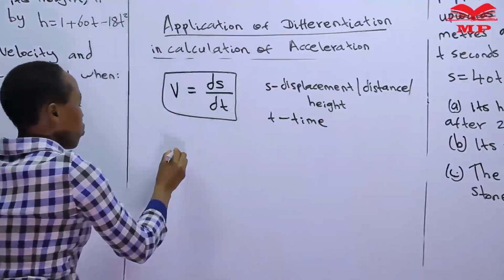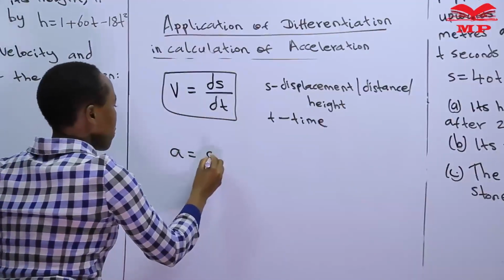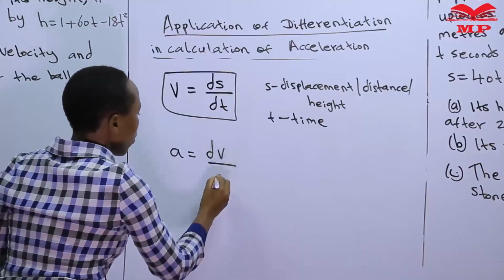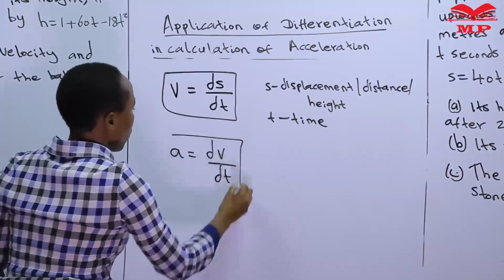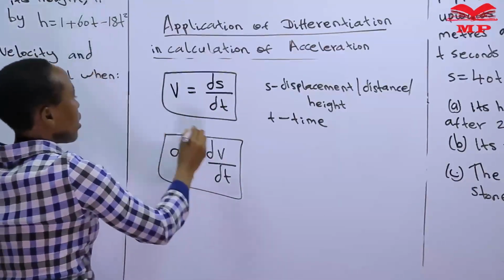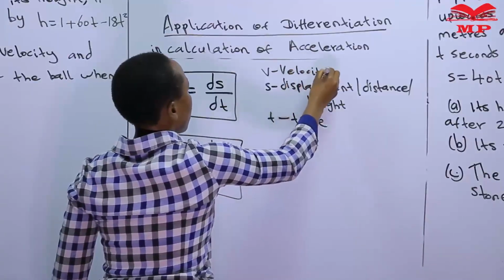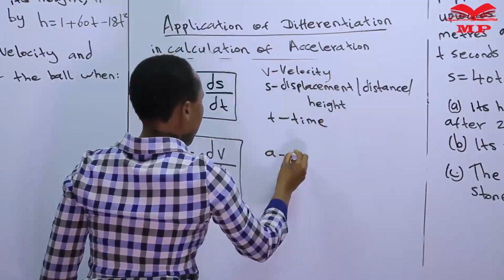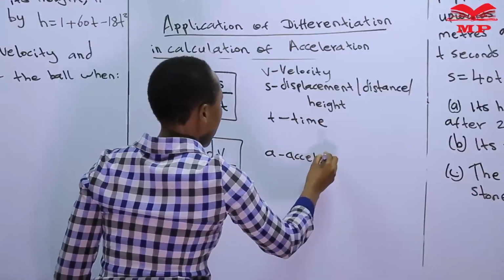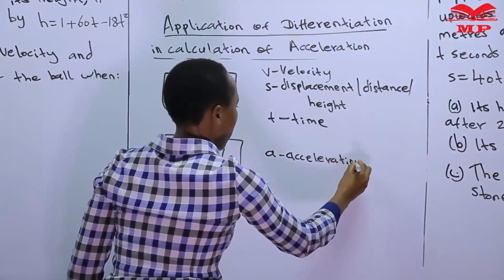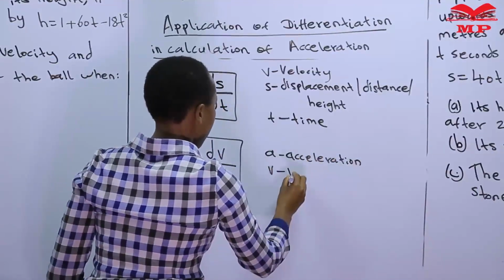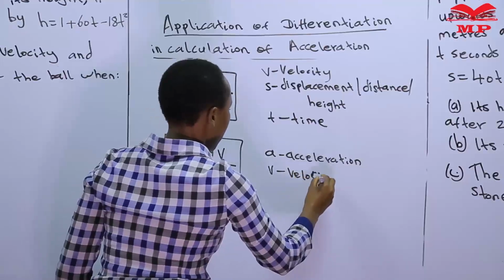Then again, when you want to get the acceleration, it is simply dv all over dt, where a is the acceleration and v is the velocity.